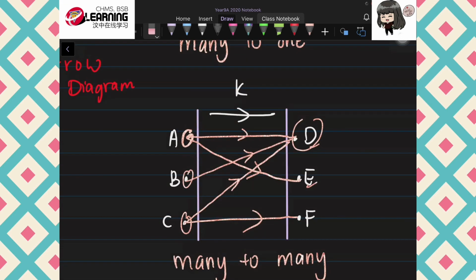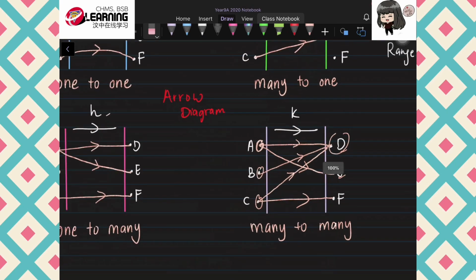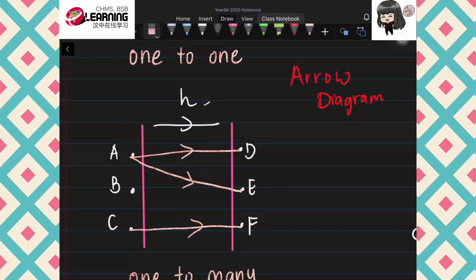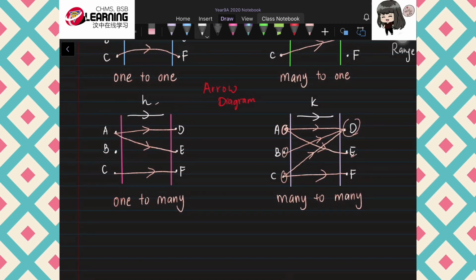Is this actually called a function? No. Okay, so I cannot say function of K is many to many, because K is not a function. Okay, H is also the same. We cannot say that H here is a function, because H is not a function.